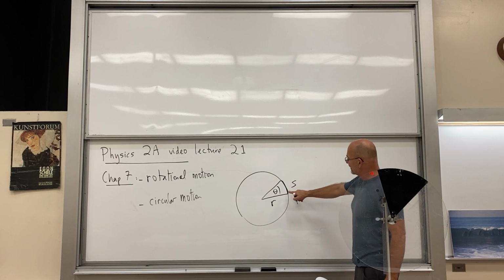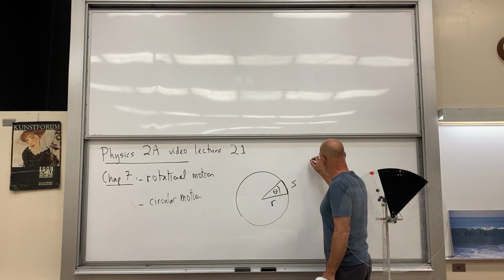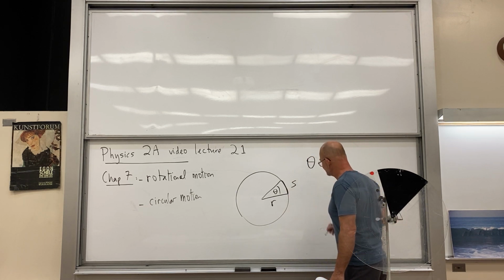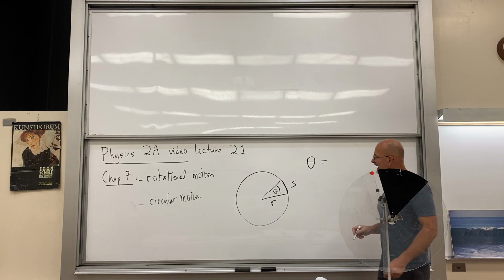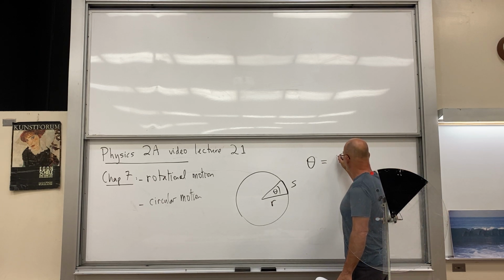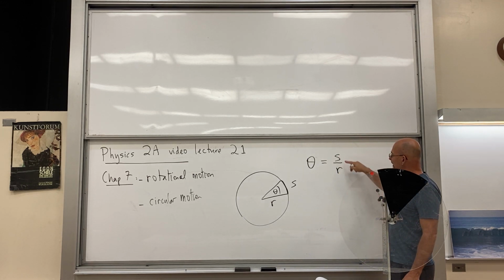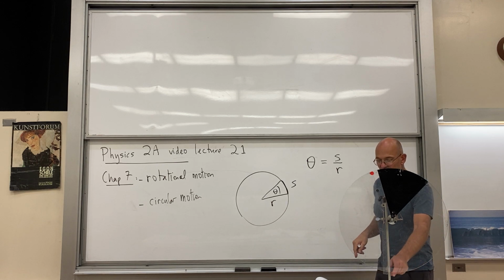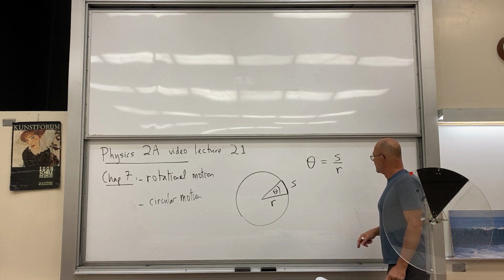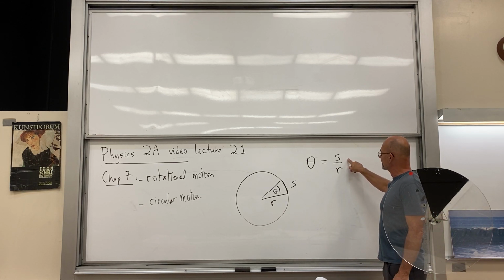Now the way this angle can be defined, it's a dimensionless quantity as a ratio. It's S divided by the radius. So there's a dimensionless quantity because meters divided by meters is dimensionless, okay?